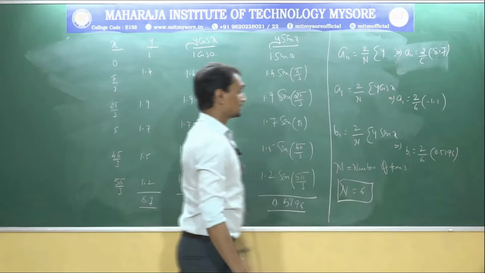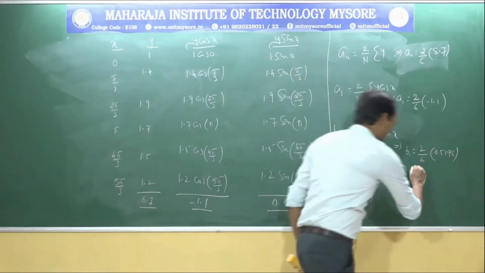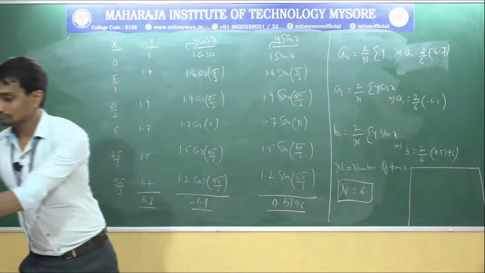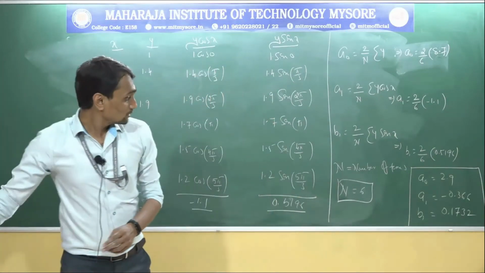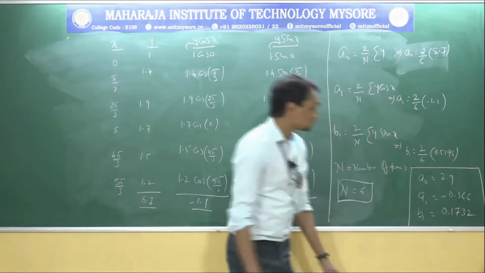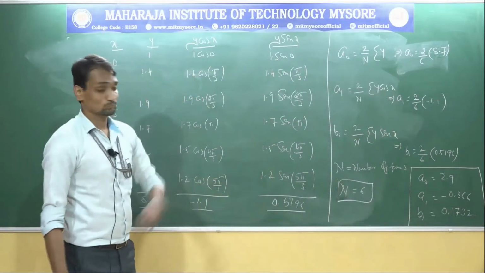Now simplify all the values, A naught, An and Bn. After simplifying, you got A naught equal to 2.9, A1 equal to minus 0.366, B1 equal to 0.1732.